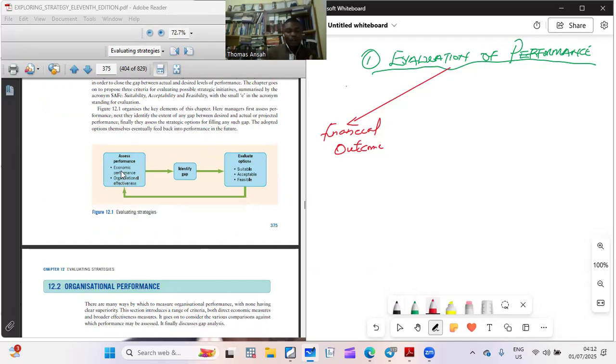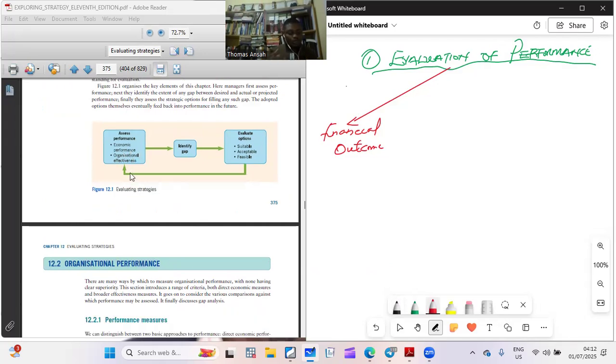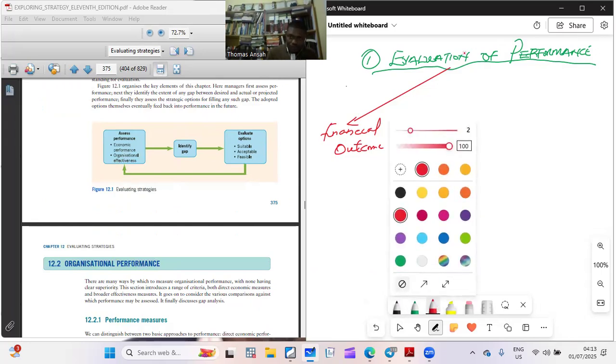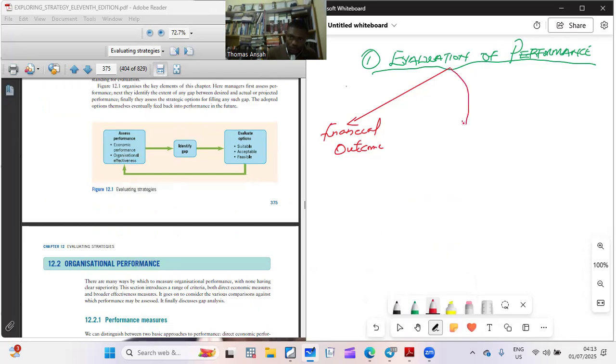Now, when you are analyzing the performance, you use financial outcomes. Two, the financial outcomes we call the accounting measures.